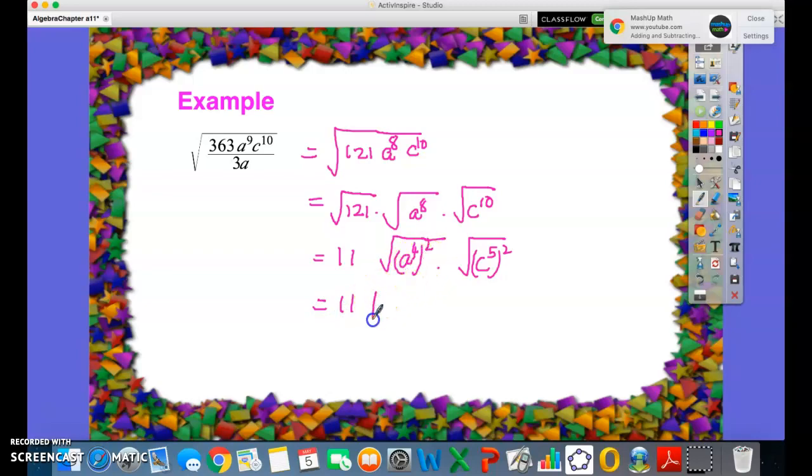When I take the square root, I get the absolute value of a to the power 4, and the absolute value of c to the power 5. But a to the power 4 will always be a positive number, so I can write this as a to the power 4. I can drop the absolute value symbol because this will always be a positive number. To be careful.